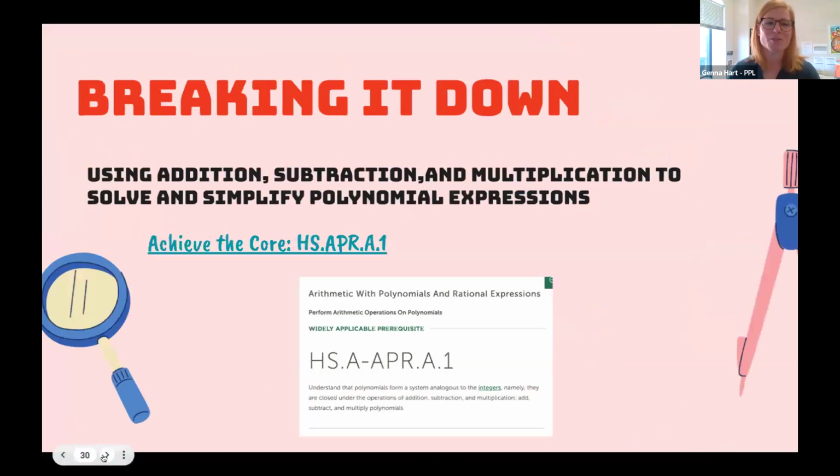Thank you. So just like Donna did, I use the Achieve the Core website, and I go right to that level E standard. And then I do a backward mapping process from that.